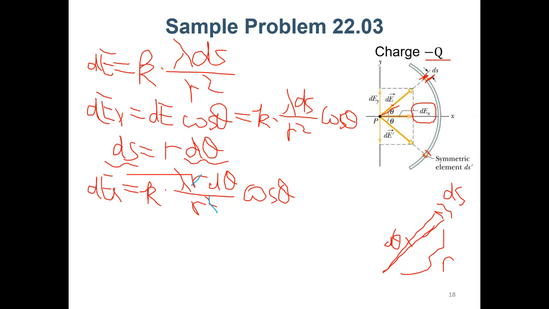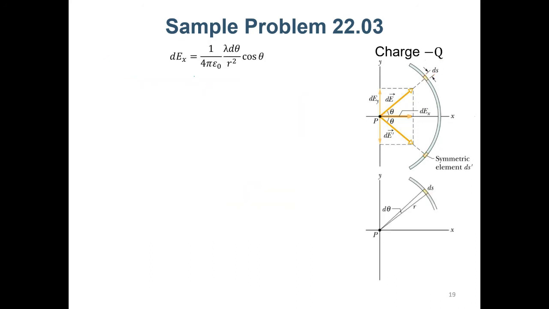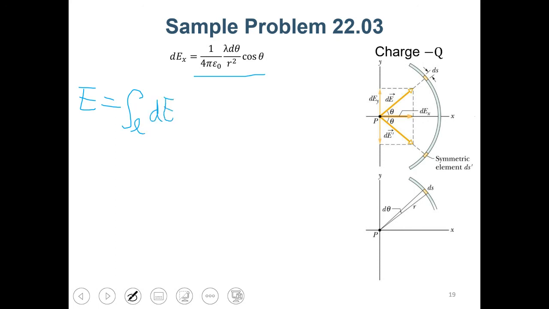So the total E should be the integral of dEx over the length L, which is nothing but integrating from minus 60 degrees to 60 degrees, which is minus pi over 3 to pi over 3.